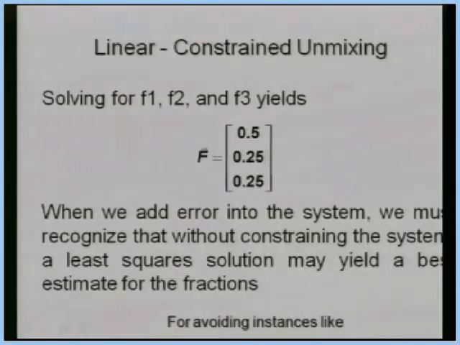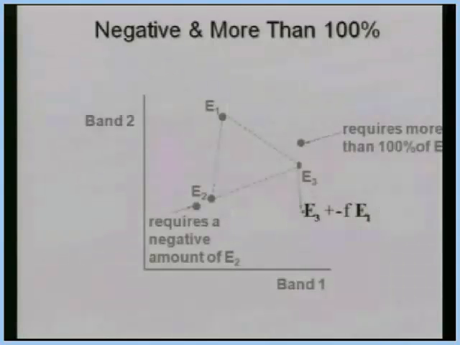However, we have to recognize that we have to put some constraints to avoid instances like negative and more than 100%. If you see this simplex, if this is a pixel which requires a negative amount of E2, that is not allowed, and if you are having more than 100%, that is not physically possible.